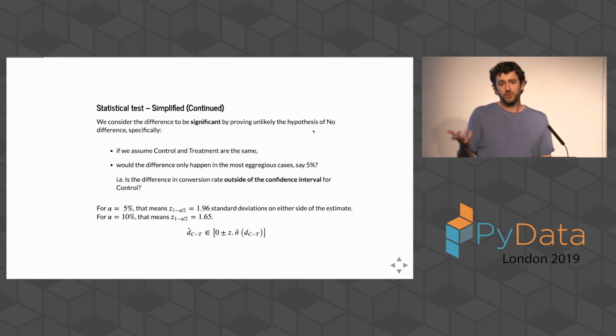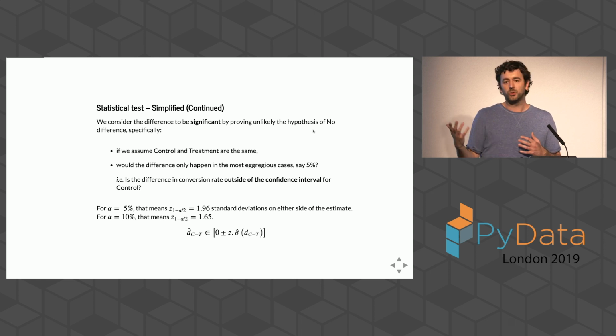All right, so then you do a hypothesis test, which is where you define your hypothesis. In this case, the null hypothesis would be that treatment and control are the same. There is no difference between them. And then you try to falsify this hypothesis, so you try to prove that, in fact, there is a difference between them. To do this, you define an alpha, which is your threshold to make a decision.